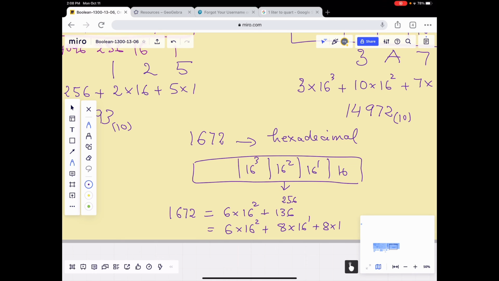And then you write out, the answer is 688, and in the subscript you put down 16 here.